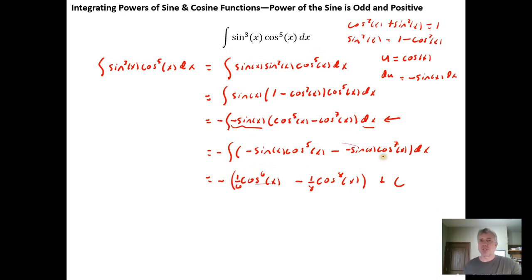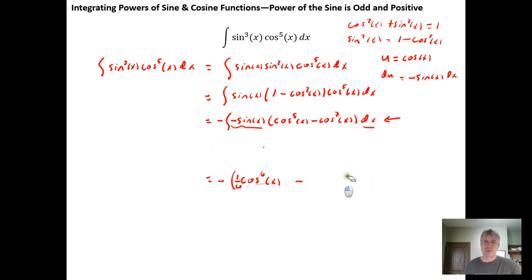So we could have done it without a u substitution. If you're not comfortable with that, you could certainly do a u substitution in this step. So we could get rid of this work, and we could say, let's do a u substitution instead. So I get minus the antiderivative, and then we replace minus sine x dx with the du, which is going to leave us with u to the 5th, because u equals the cosine.